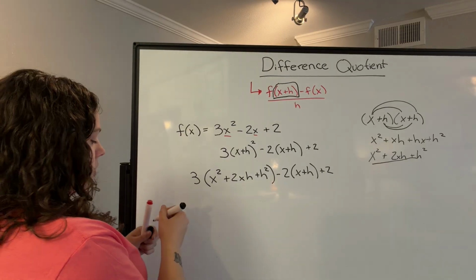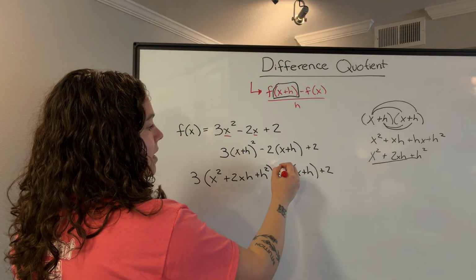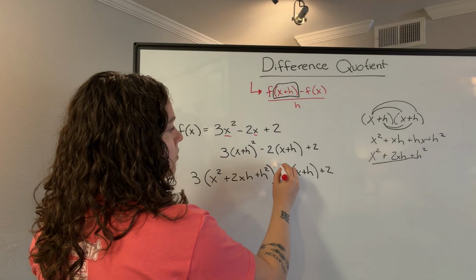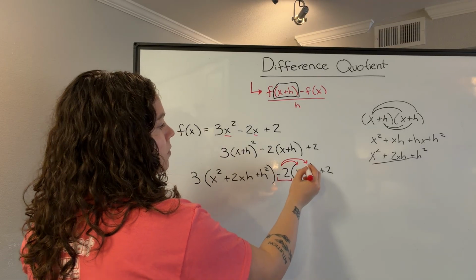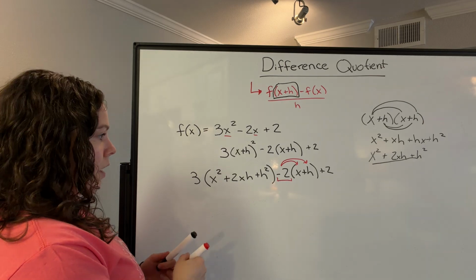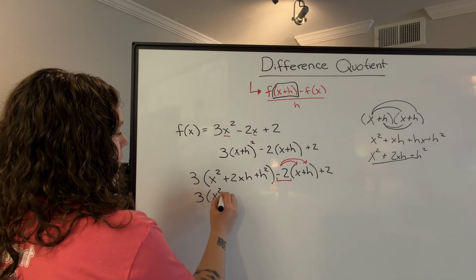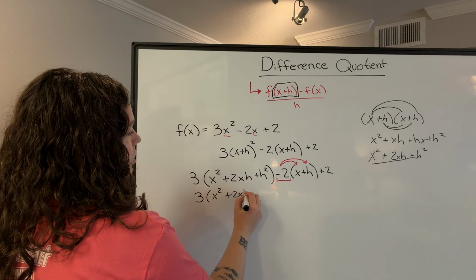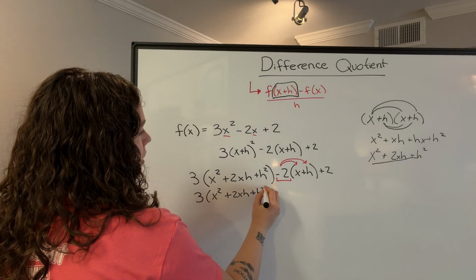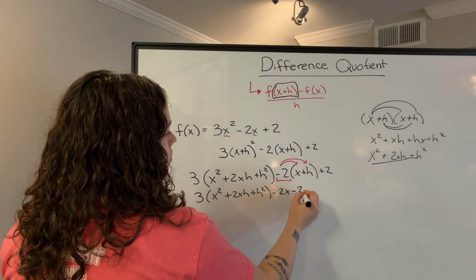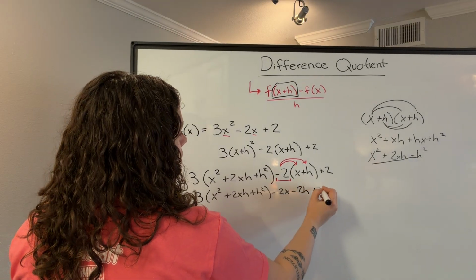Okay, the next thing I'm going to do is distribute this negative 2 onto both terms inside the parentheses. And then we get 3x squared plus 2xh plus h squared minus 2x minus 2h plus 2.